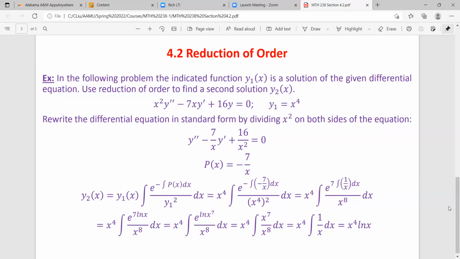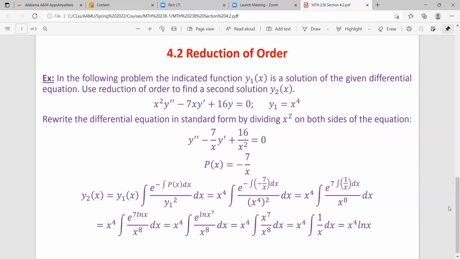So we need to find another solution to the equation linearly independent of y1. By the way, we're going to discuss how to find the y1 later. If we know y1, then we can find the y2 by using this formula, and then find the general solution of the associated homogeneous equation.